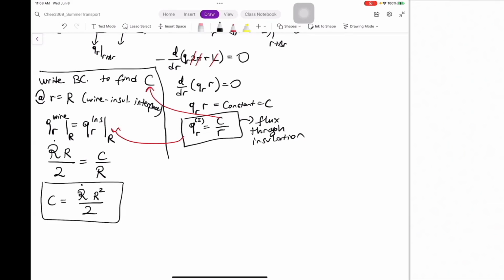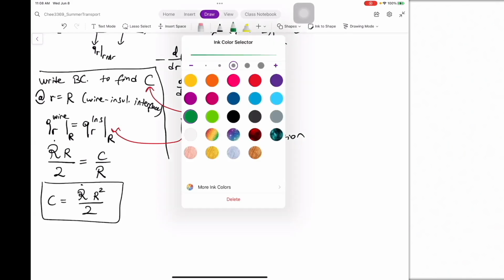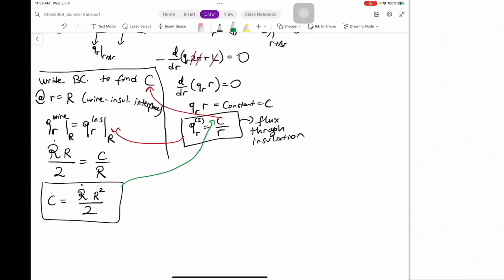Now I can plug this in here and find that the QR for the insulation comes out to be R dot times R squared over 2, times 1 over R. So in this case, we can assume that the units for C are going to be joule per second meter, something like that.